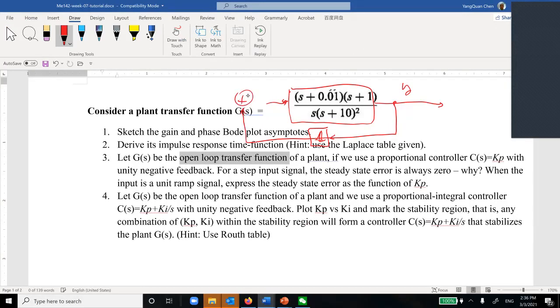Then you do negative feedback. So you have a reference here. I forgot to put a controller here. So you have a controller, which is KP, just a gain. This is the error signal, E.